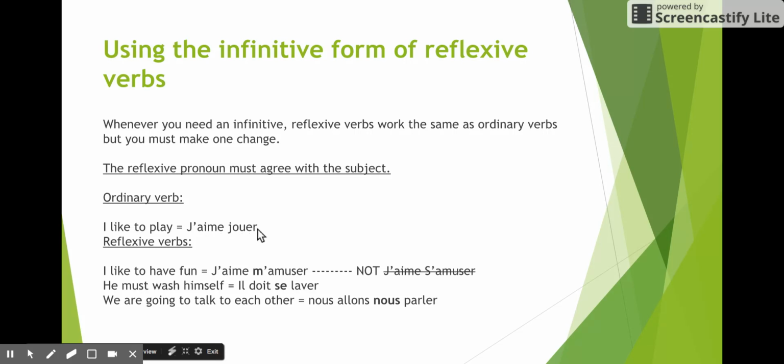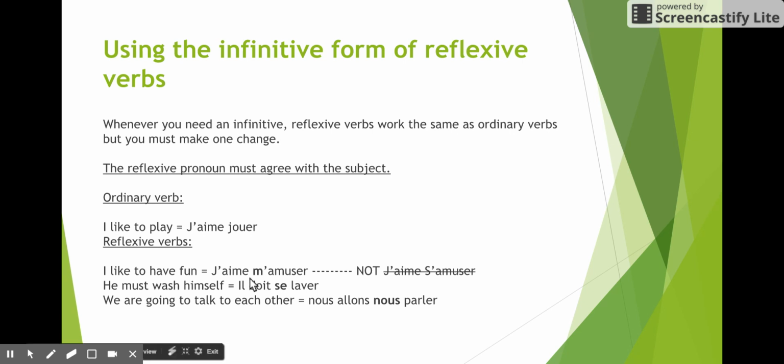J'aime jouer. What happens with the reflexive verb is that because in its infinitive form it starts with an s apostrophe or a se, oneself, you don't really want to say "I like to enjoy oneself." You want to say I like to enjoy myself. I like to have fun.